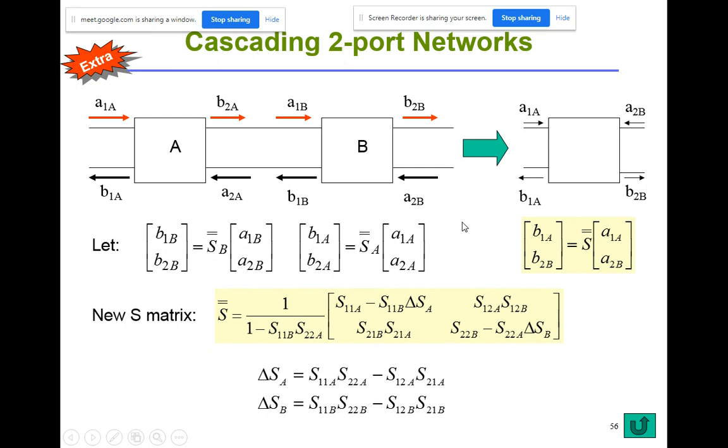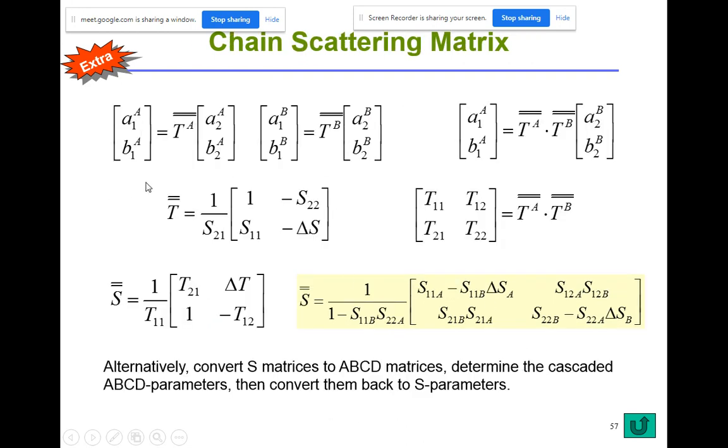That is, first you do some conversion. But instead of converting to the ABCD matrix, you can do a simple conversion to a T matrix. Instead of converting the S matrix to the ABCD matrix, you just do a simple conversion.